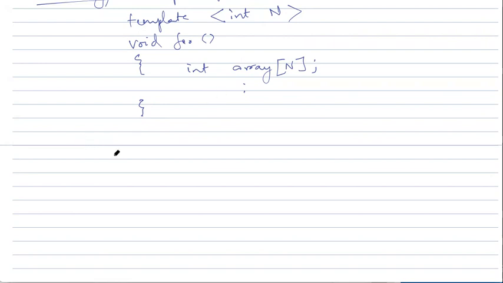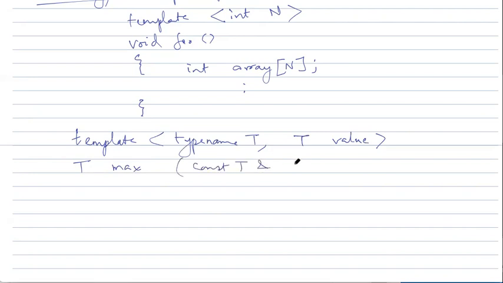So now if you want to combine the two, it would look like this. Template typename T, comma, this is non-type, so T value. Okay. We are here combining. You can see that whatever the type is, you're using the value here. So T max, const T& x.